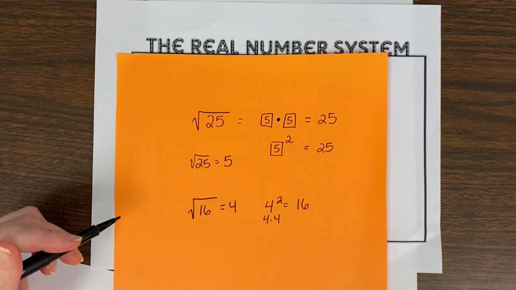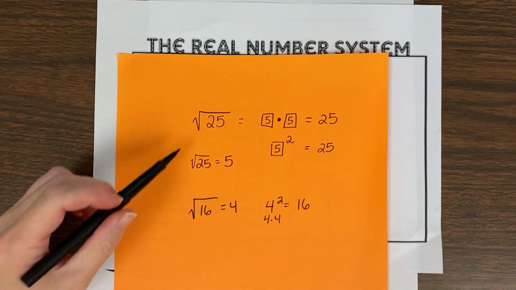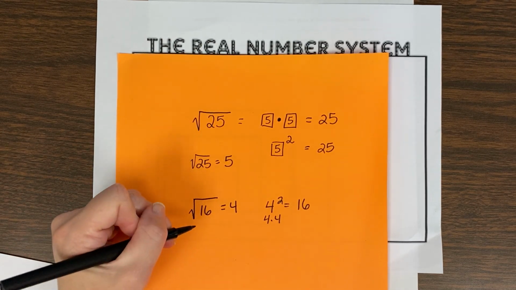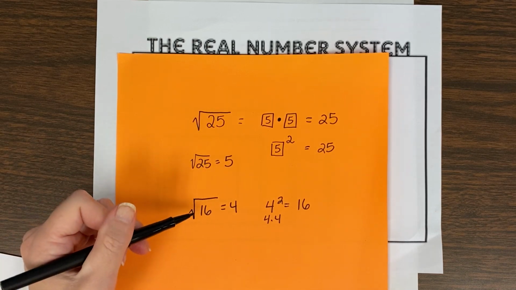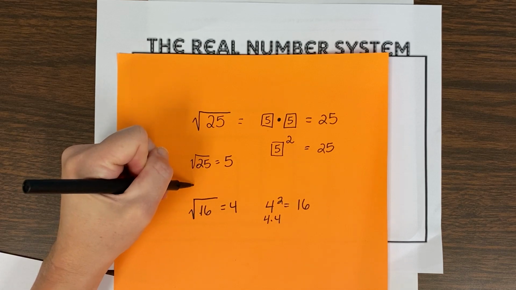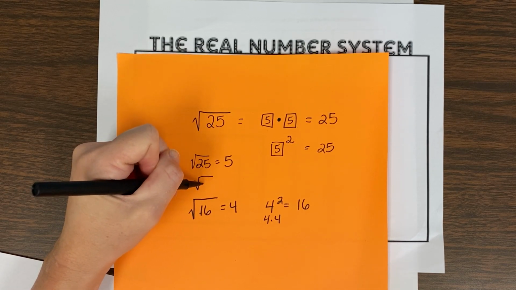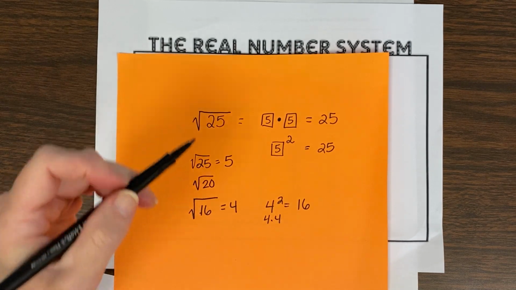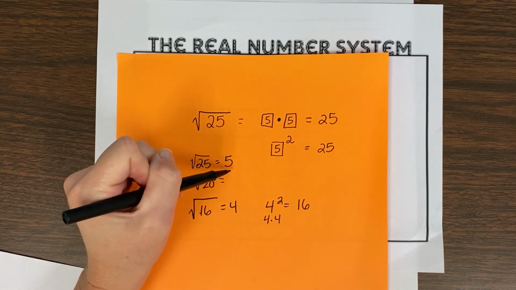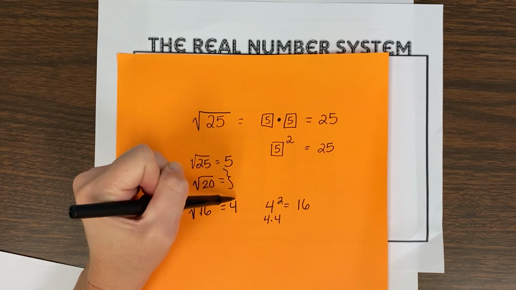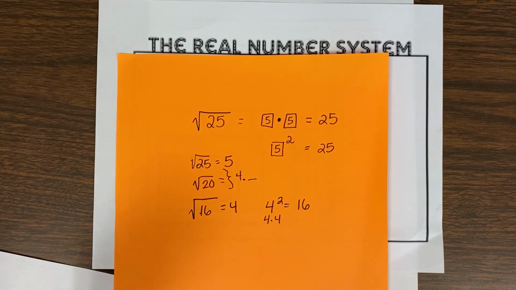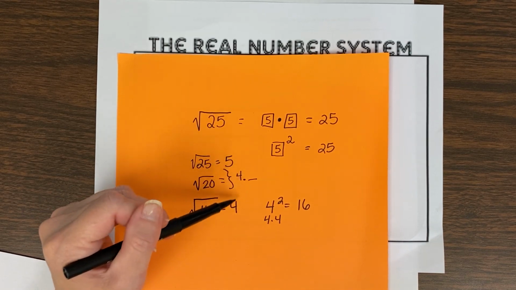Okay, that being said, not every number comes out nice and neat like this as a whole number. For instance, I know that the square root of 16 is 4 and the square root of 25 is 5, but what would something like the square root of 20 be? Well, since this falls between 16 and 25, this answer will fall somewhere between 4 and 5, so it'll be 4 point something. So not all square roots, of course, are going to come out nice and neat.